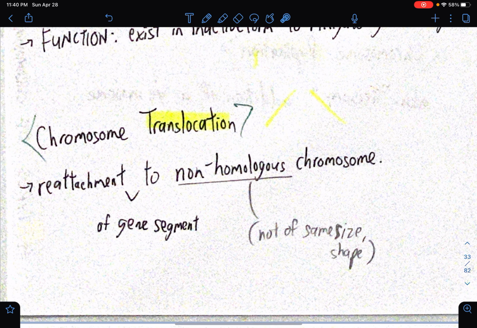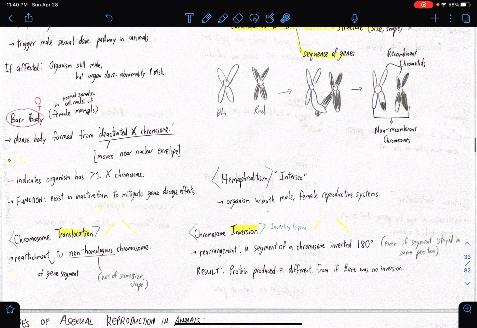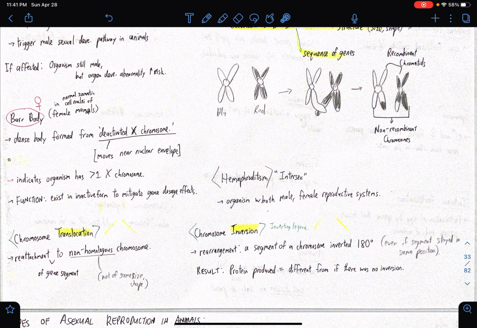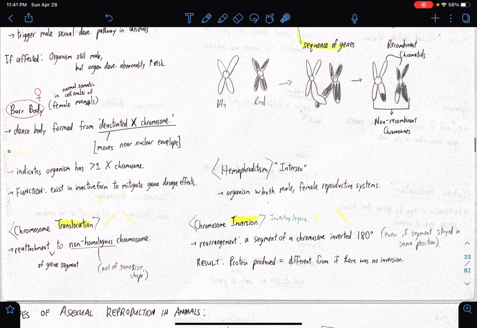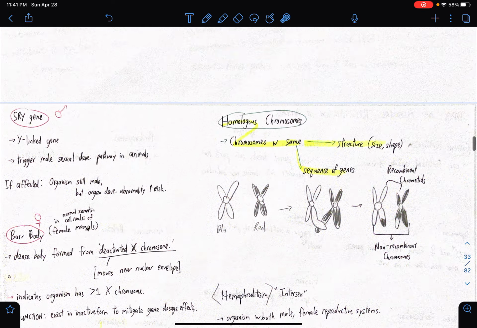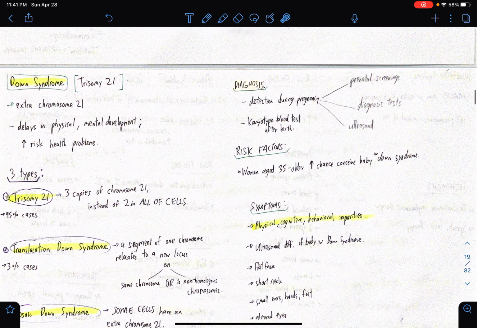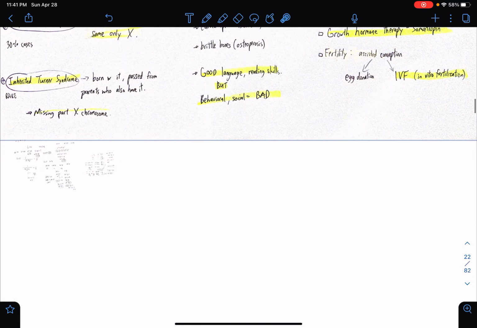So what's an example of translocation? I believe CML, or chronic myeloid or myelogenous leukemia, is an example. Translocation of 4 and 21, I believe. Do I remember it right? Let's go back to the genetic anomalies. This is so useful.